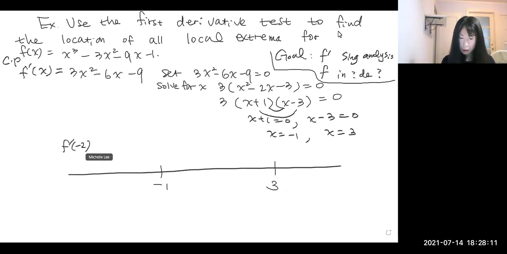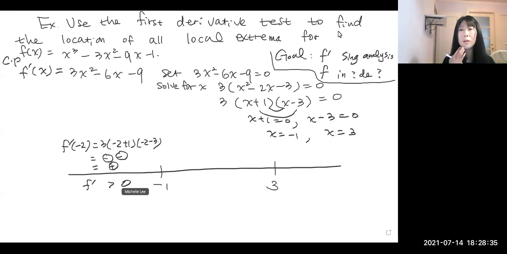Then for the derivative, we need just a sign analysis. We don't have to calculate. Negative 2 plus 1 is negative. And then negative 2 minus 3 is negative, which gives positive. Positive means it's greater than 0, right? Okay, that means f is increasing, right?